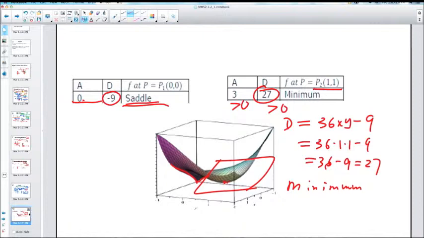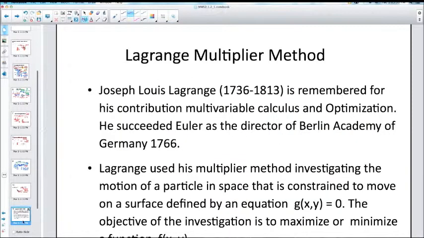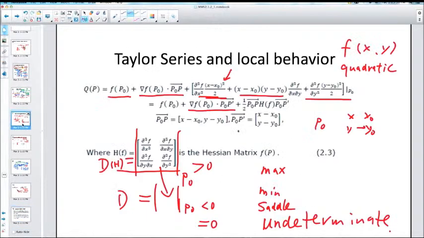Okay, we spent enough time to review what you learned the most in calculus. But the difference I want to show you is the connection to the Taylor series. Locally, for the last example, at the point P1, 0, 0, you can see the quadratic term is pretty much like x squared minus y squared.